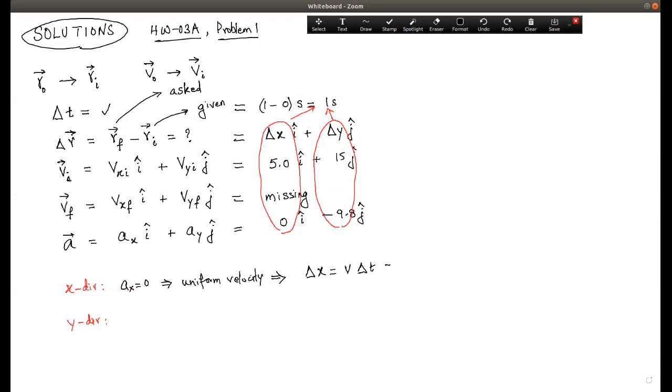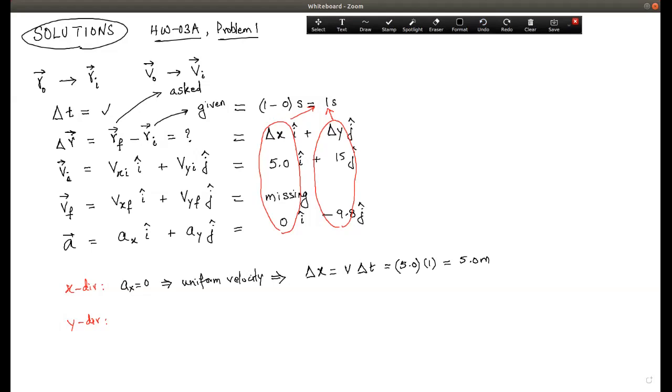So that's 5 times delta t, which was 1 second. So we immediately get delta x to be 5 meters. This was meters per second, and the second cancels out, so that's just 5 meters.